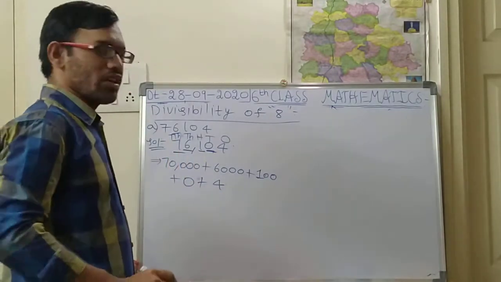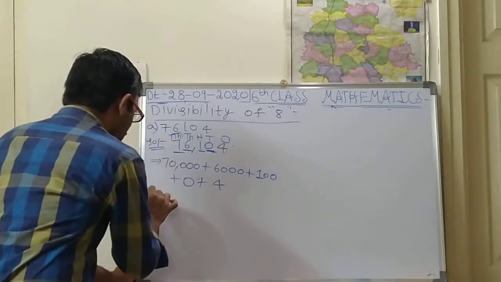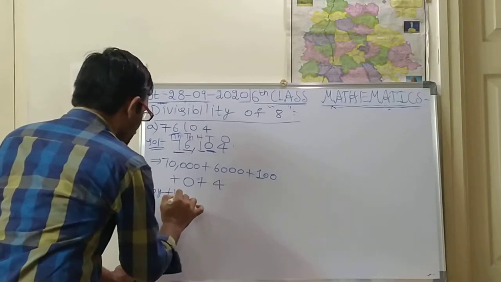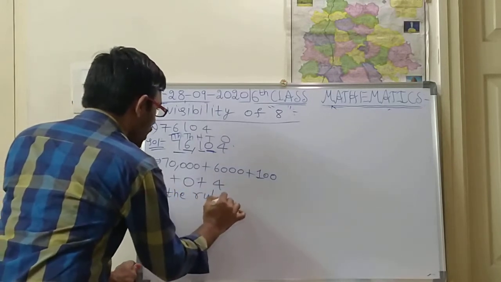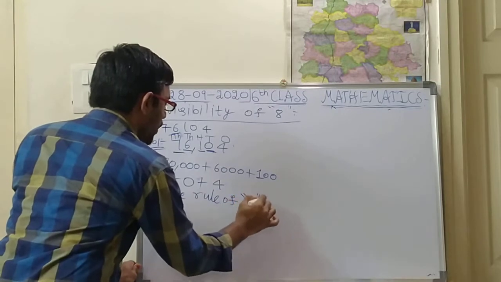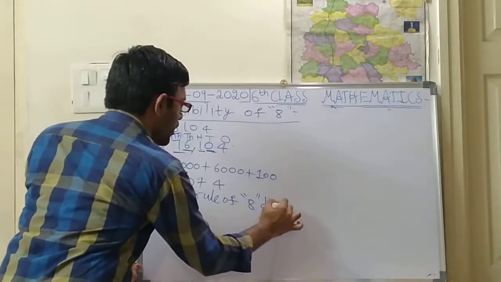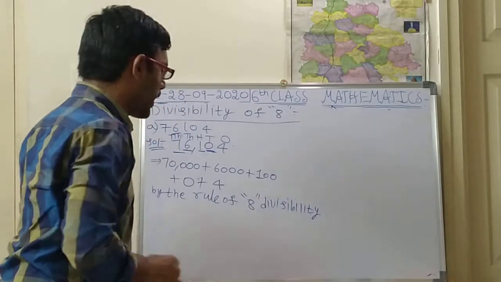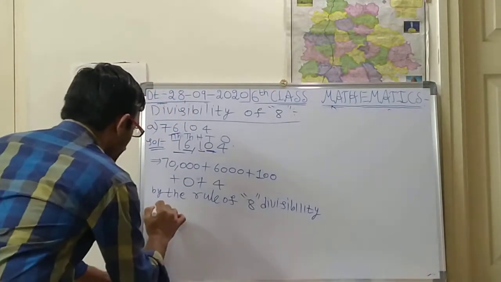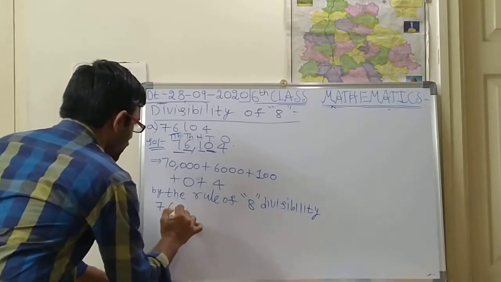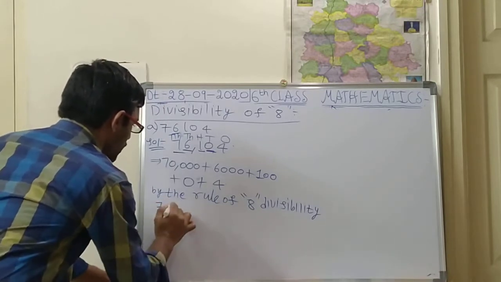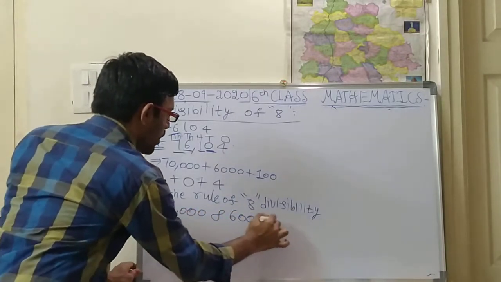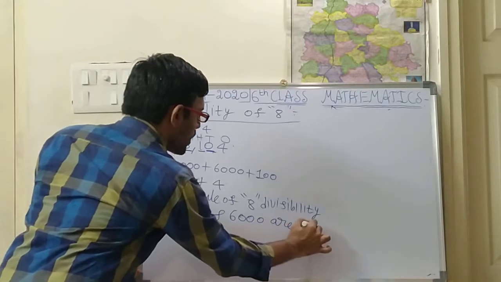So after expansion, what you are supposed to write here? By the rule of 8 divisibility, 70,000 and 6,000 are divisible.